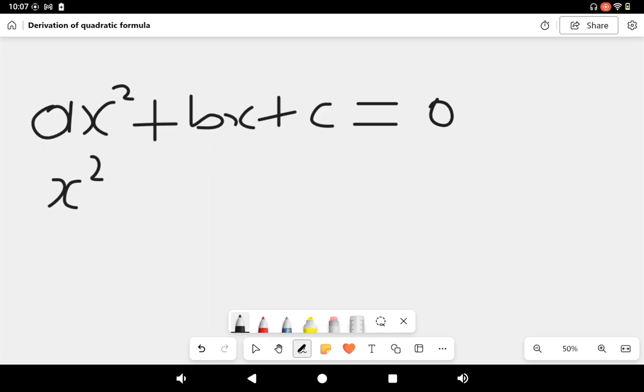And then in the second term, I'm going to have b, which is the coefficient of x, divided by a, the coefficient of x squared, then multiplied by x.